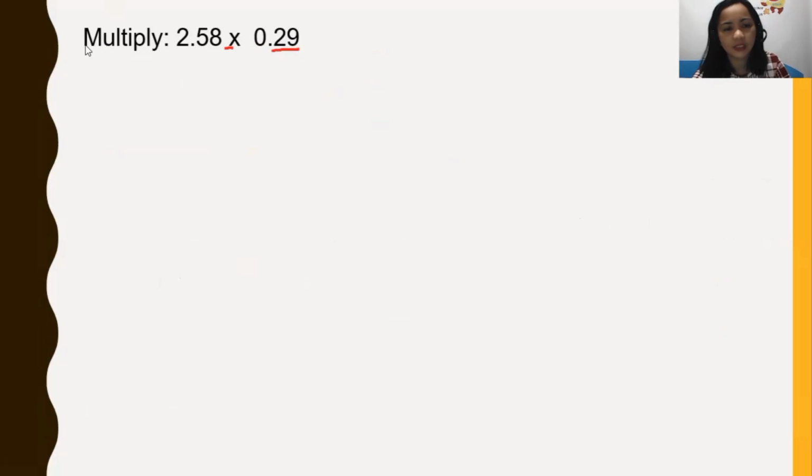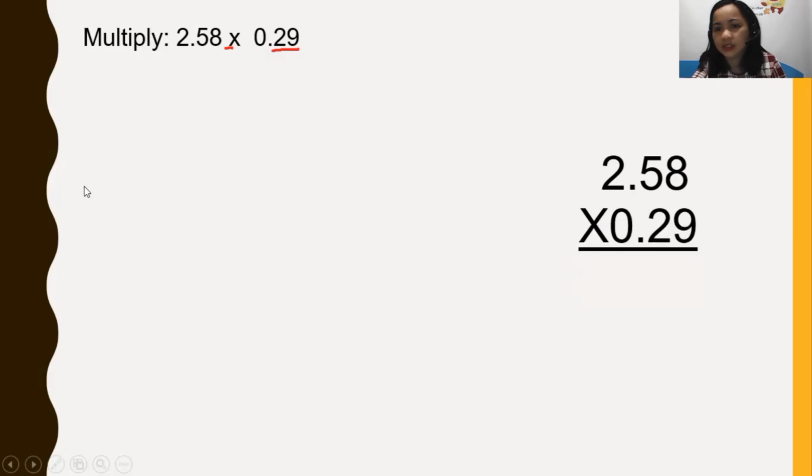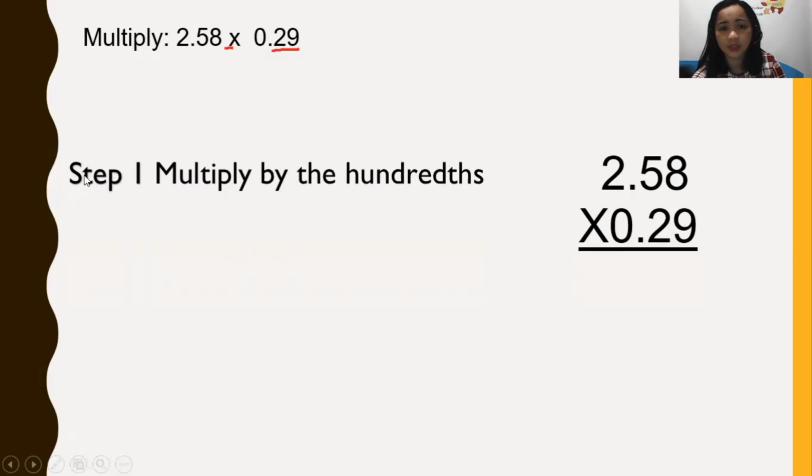Now let's proceed to multiplying this given. We have 2 and 58 hundredths times 29 hundredths. Alright, so the first step, multiply by the hundredths. 9 times 8 is 72. Bring down 2.